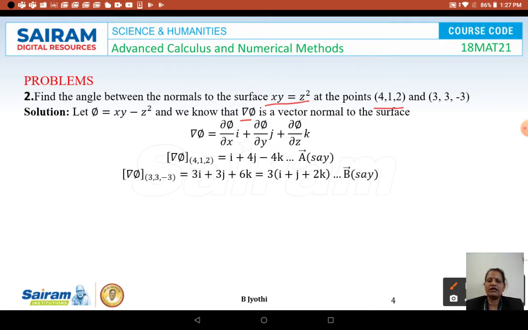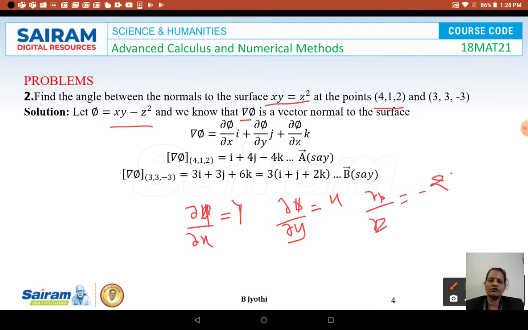When we differentiate with respect to x, y and z, dou phi by dou x will be y, dou phi by dou y will be x, and dou phi by dou z will be minus 2z.